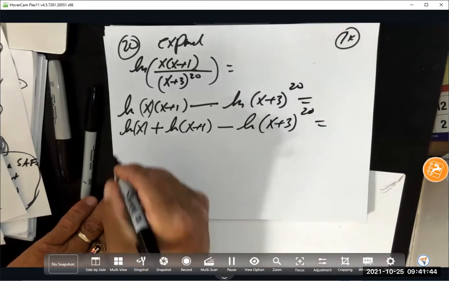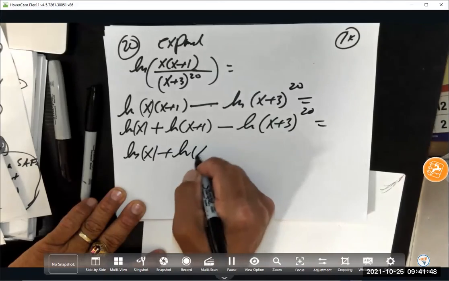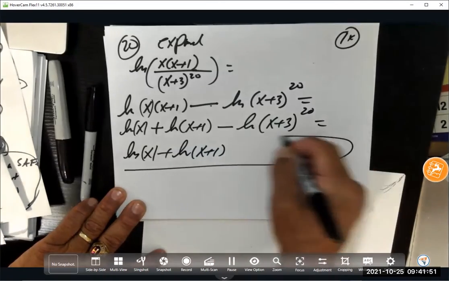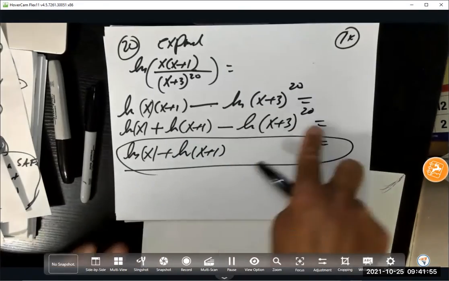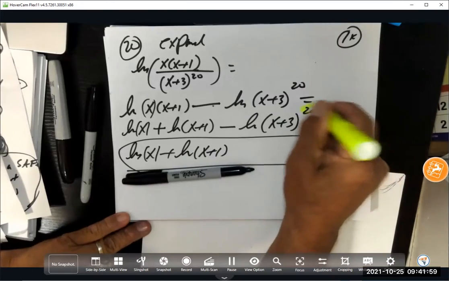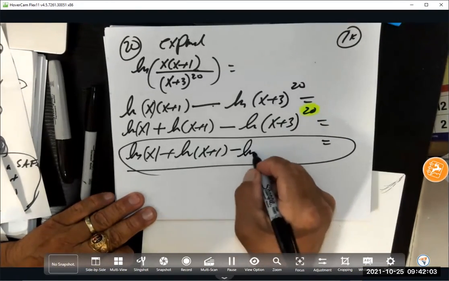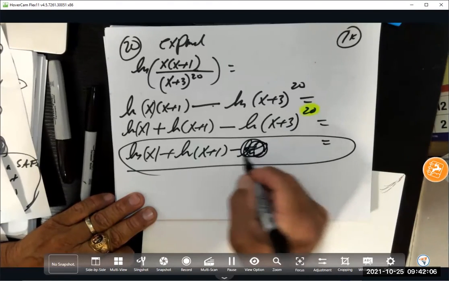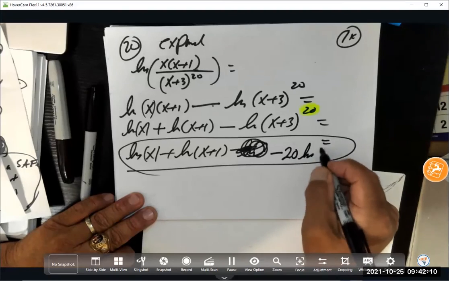So now the last thing you told me was, I'm just gonna copy the first 2 parts, but tell me the last part. What do you think? Where does the 20 go? In the front. Yeah, exactly. This number right here, you bring it to the front, so this is gonna become minus 20 ln of x plus 3.